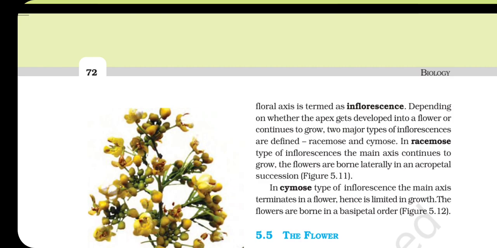In a racemose type of inflorescence, the main axis continues to grow. The flowers are borne laterally in an acropetal succession. In cymose type of inflorescence, the main axis terminates in a flower, hence is limited in growth. The flowers are borne in a basipetal order.